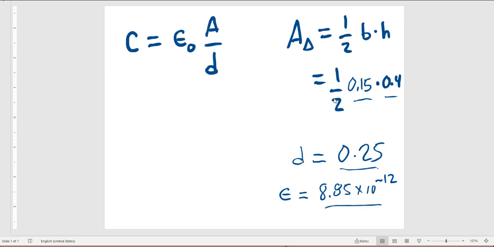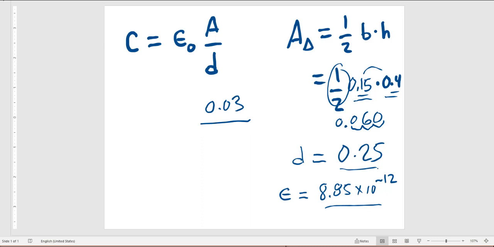So talking it through, 15 times 4 is 60. But we have 2 decimal places over there and 1 there, so 1, 2, 3. So we're going to have 0.06, but times a half. So we're going to have 0.03 for our area. And we've already converted this to meters.